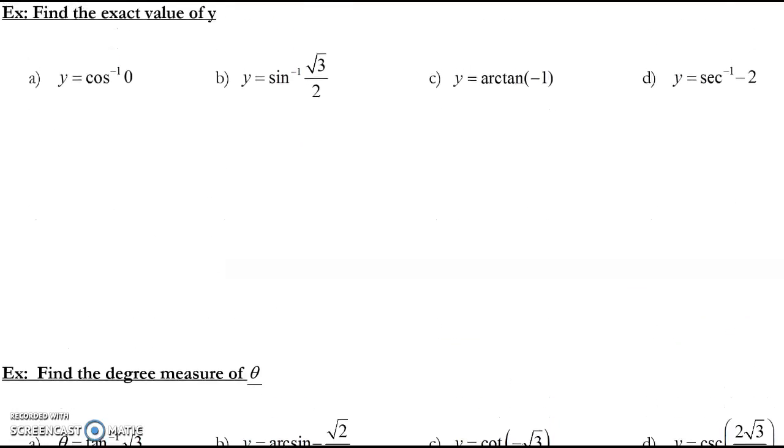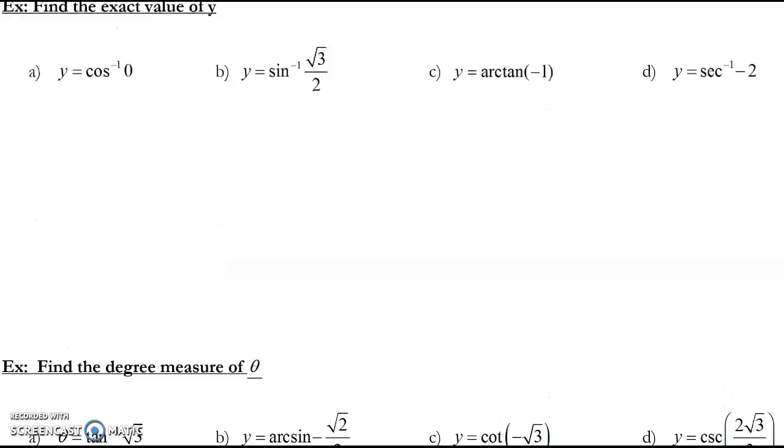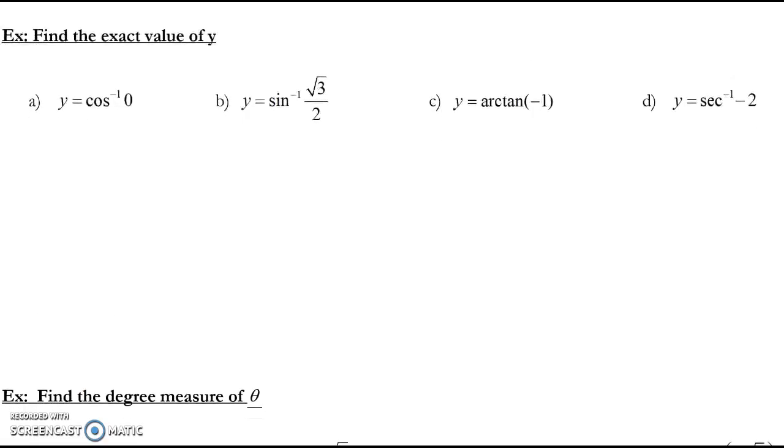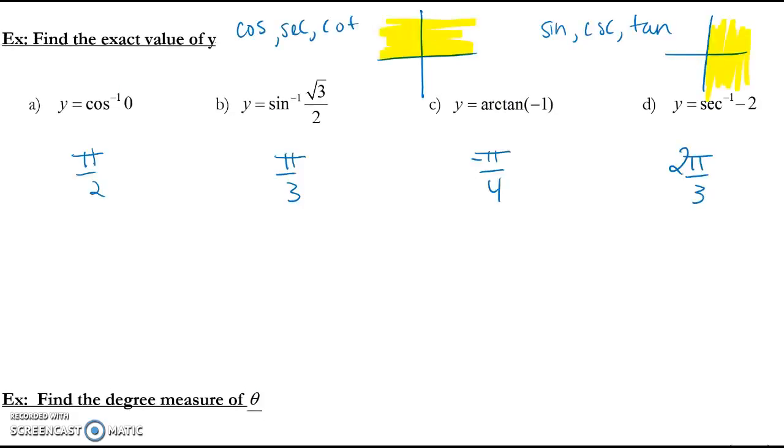All right, so let's go ahead and take a look at these bottom couple examples. All right, so for this, what I want you to do is pause the video and answer the questions on your own and then check to see how you did. All right, so how did we do? Remember with cosine, secant, and cotangent, our answers have to be in this top interval of our graph. So when we see, for example, on letter D that we have a negative ratio, we know that that has to be in quadrant 2 as opposed to being in quadrant 4.